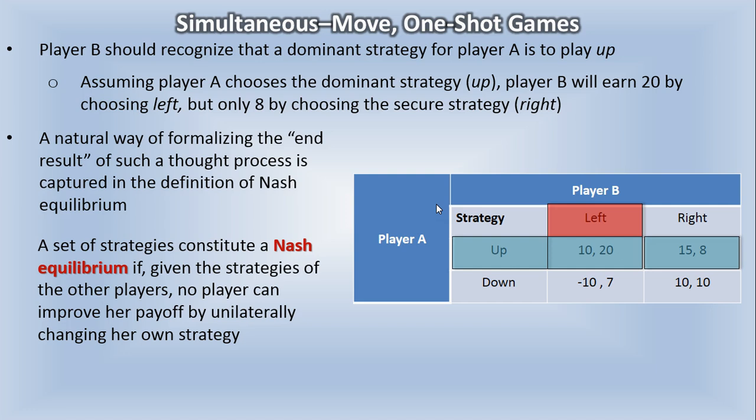We'll go through examples, of course, and you'll see. A will always choose up. Then B will choose left if A chooses up, and then A chooses up if B chooses left. So this is going to wind up being the Nash equilibrium for the game, because this is the choice that both players have no incentive to deviate from. They would both choose that strategy, and therefore they would both wind up there.